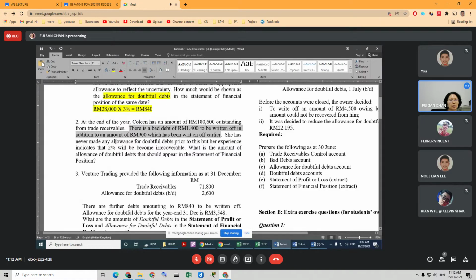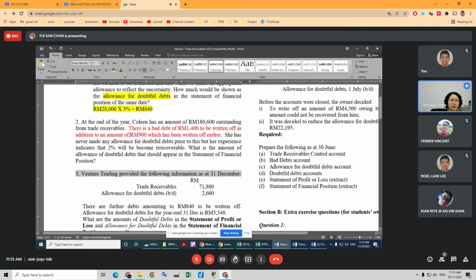You understand what it means or not? They already pay the 900 for the bad debt. Pay who is paying? The Colin. No. You see, it said there's a bad debt of 1,004 to be written off in addition to an amount of 900, which has been written off earlier.